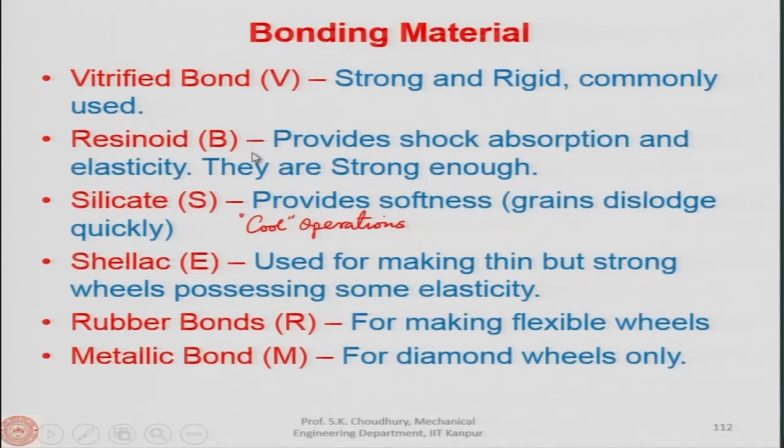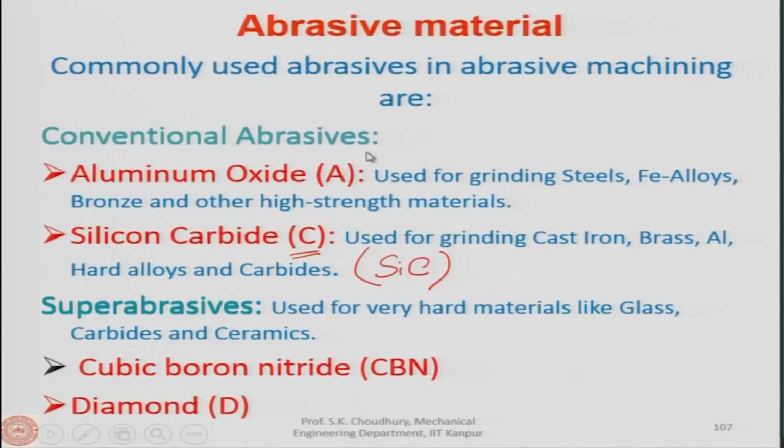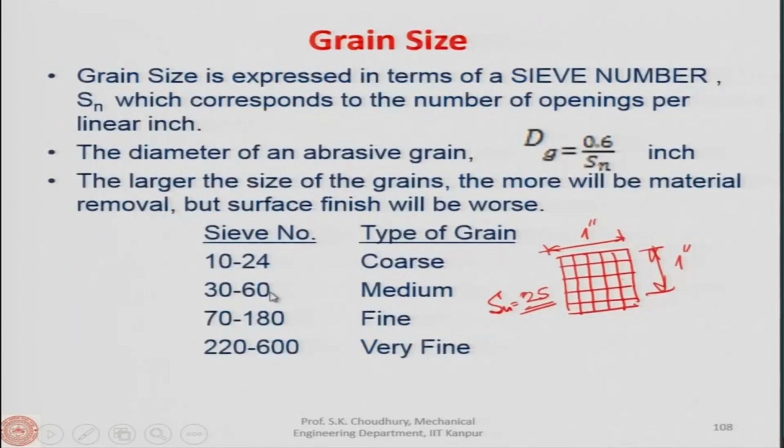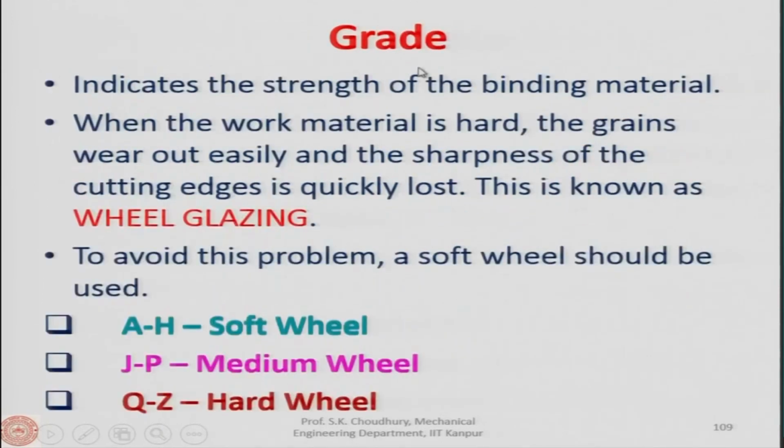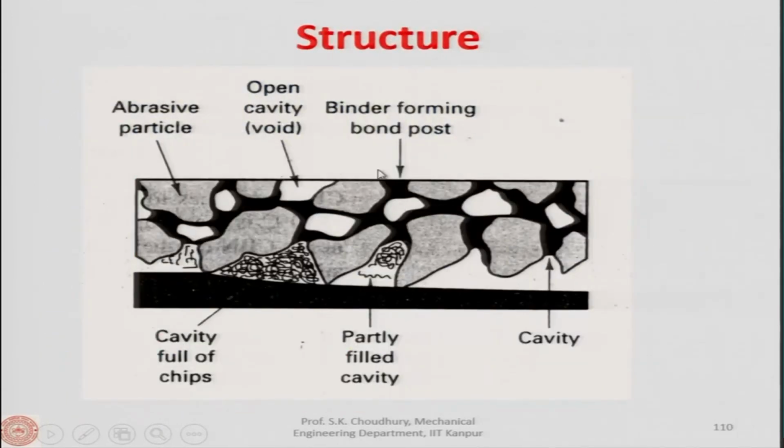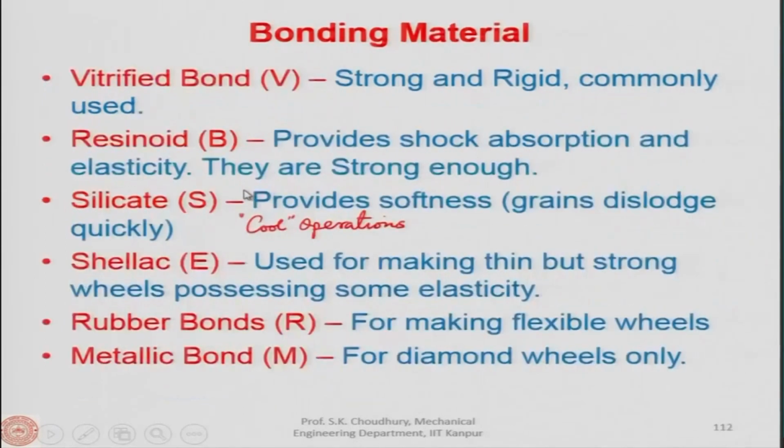Now, if you see, starting from the very beginning, we have the abrasive material. First, it is designated by a letter of the alphabet. Next is the grain size, designated by a number. Next is the grade, again by a letter, then the structure by a number, and finally the bonding material, again by a letter. So, in sequence: first a letter, then a number, then a letter, and so on.